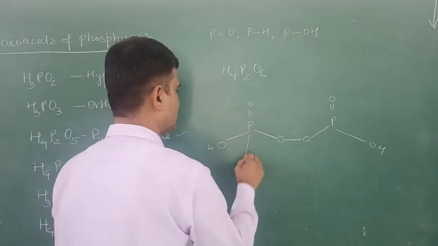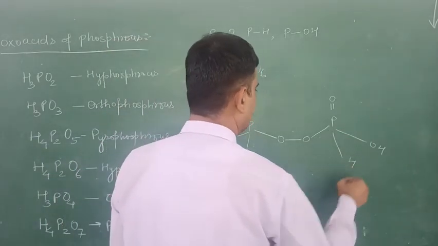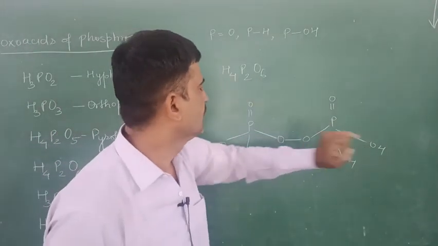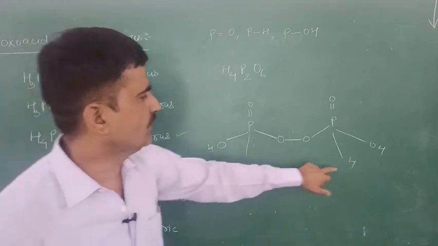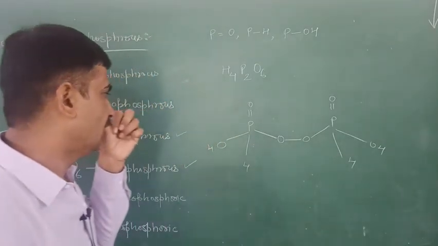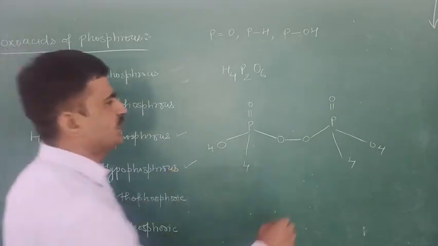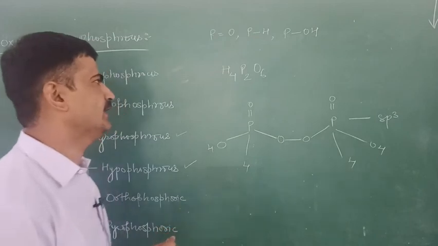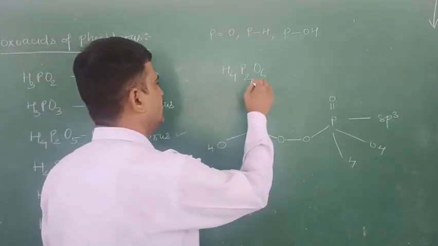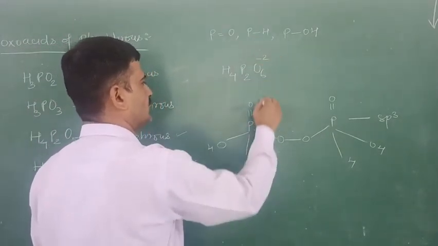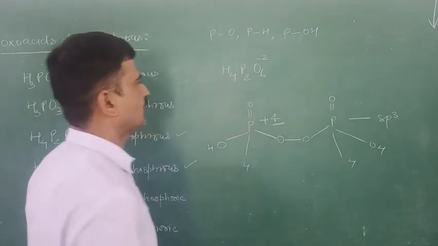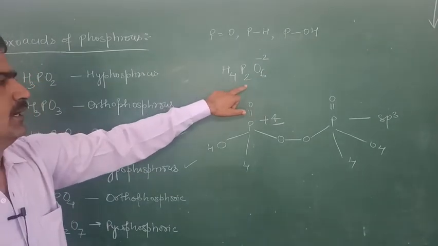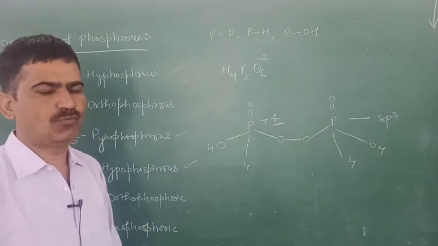The number of oxygens is 6, 1, 2, 3, 4, 5, 6, and the number of hydrogens is 4, 1, 2, 3, 4. It is also a dibasic acid. What is the hybridization of this phosphorus? sp3 hybridized. And what is the oxidation state? It lies in the +4 oxidation state.